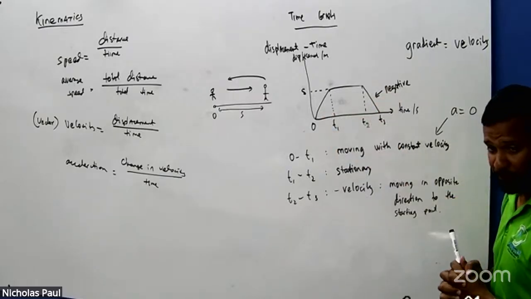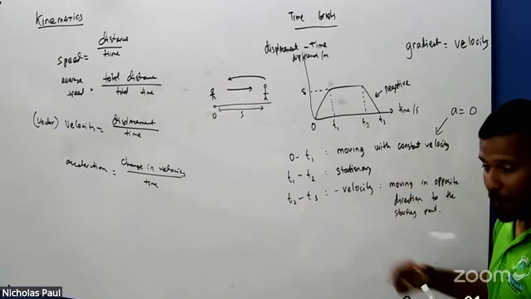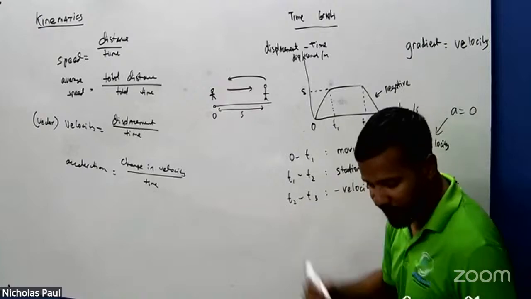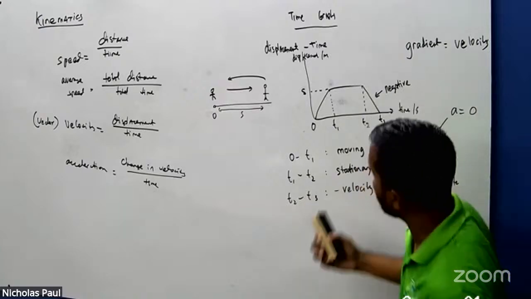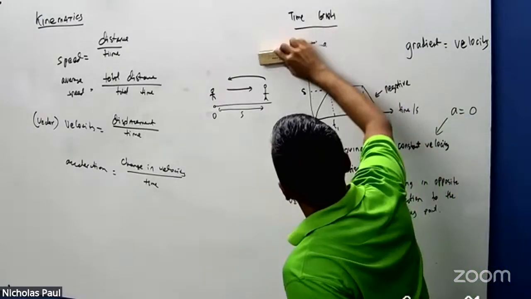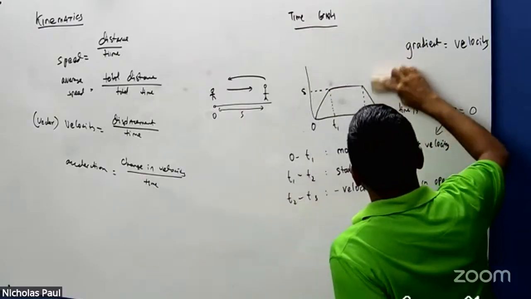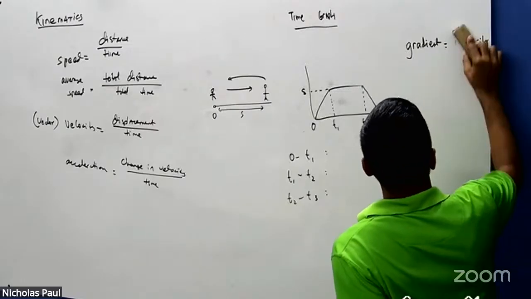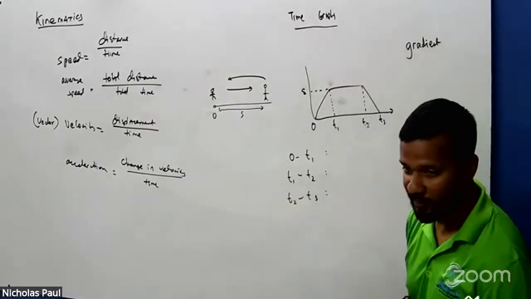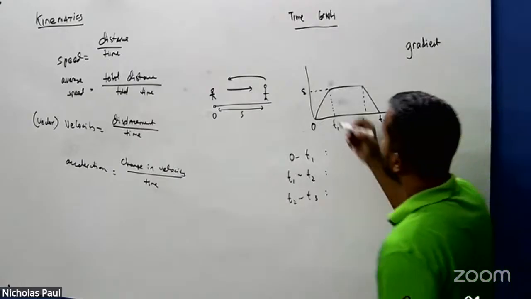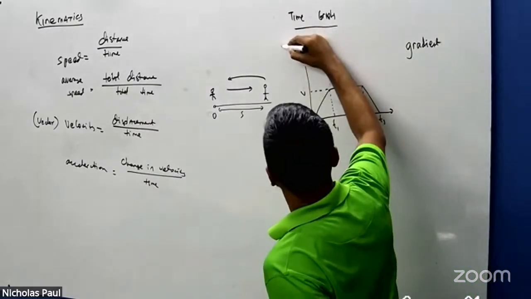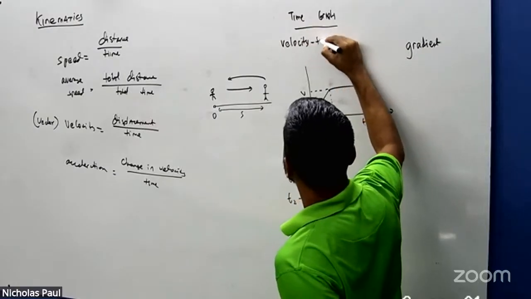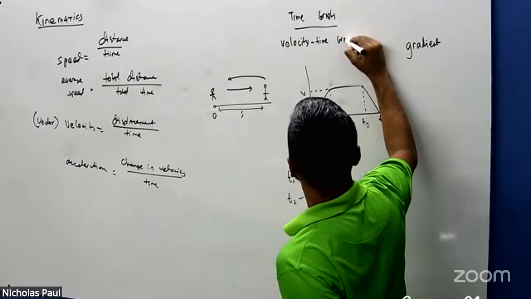That's okay? Now I'm going to give you the next type of graph. I can use the same graph, but now it won't be distance, it will be velocity time. So we're looking at something called a velocity time graph.